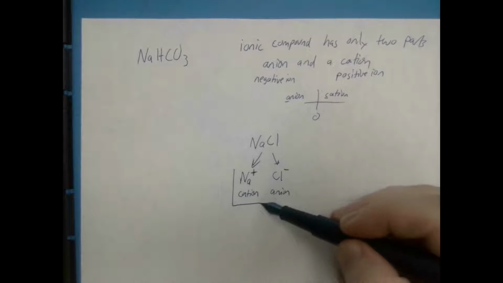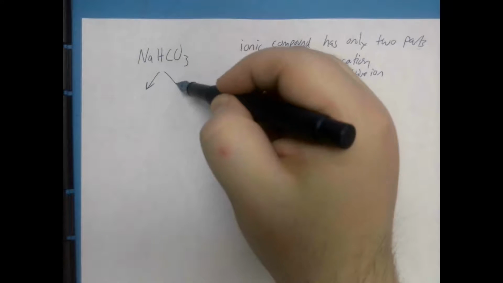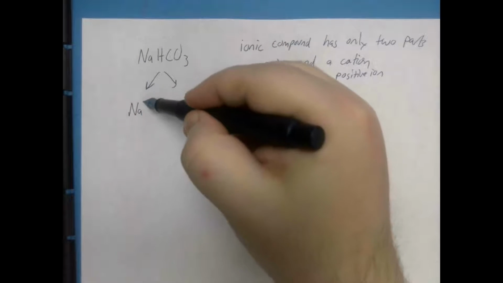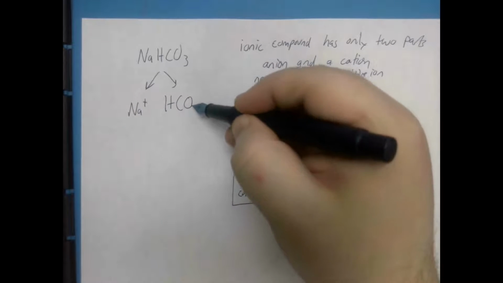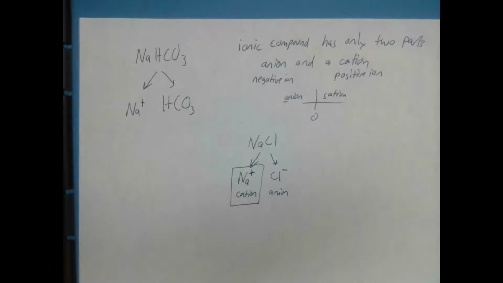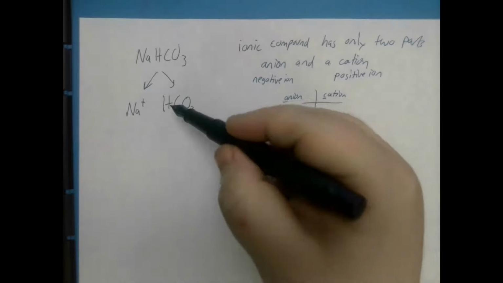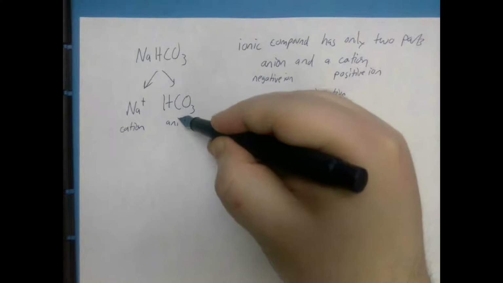We know that this is a cation. So sodium bicarbonate is composed of sodium plus and HCO3, bicarbonate. So this is the cation, and this is the anion.